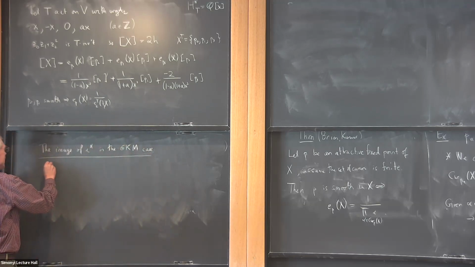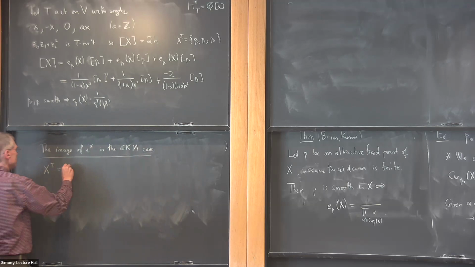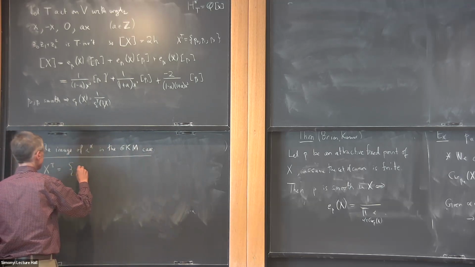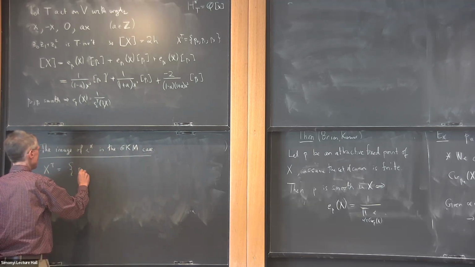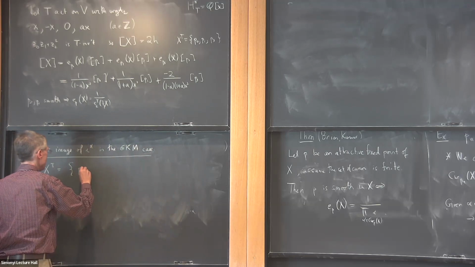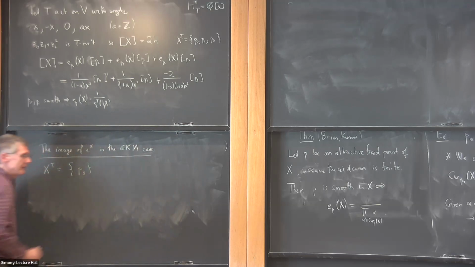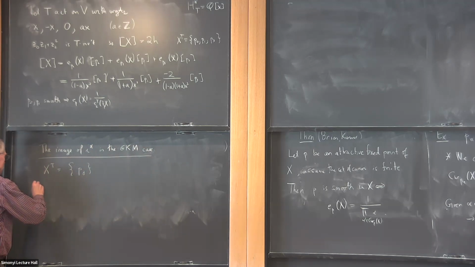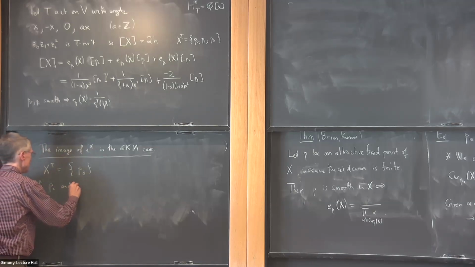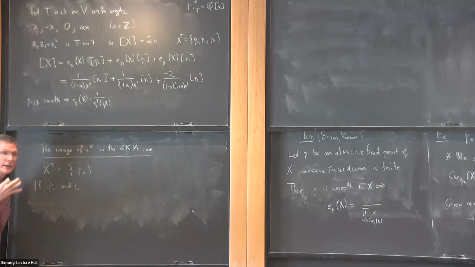So here we have X^T is some finite set of points P_j, some finite set here, and if P_i and P_j are joined, they may be connected by a curve or they may not be.